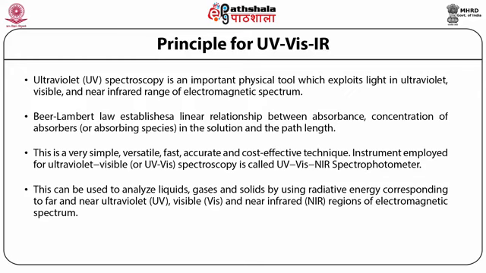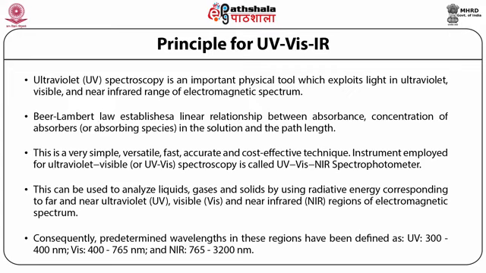This can be used to analyze liquids, gases, and solids by using radiative energy corresponding to far and near ultraviolet, UV, visible, Vis, and near infrared, NIR, regions of the electromagnetic spectrum.